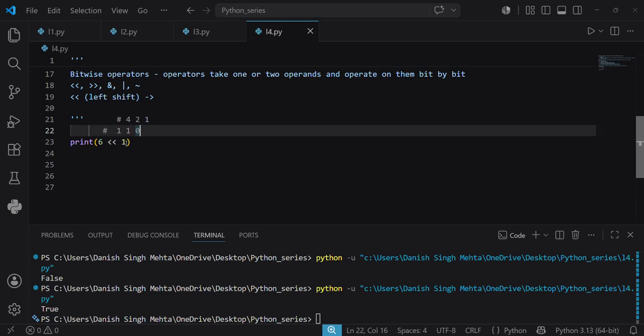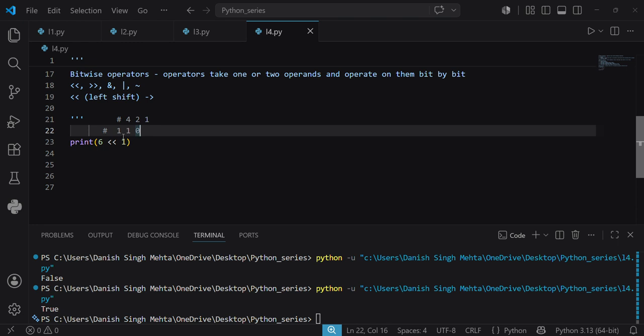Below 4, we have this 1, so we shift it towards the left by 1. Below 2, we have this 1, and we shift this value towards the left by 1. And below 1 we have 0, so we also shift it towards the left by 1.